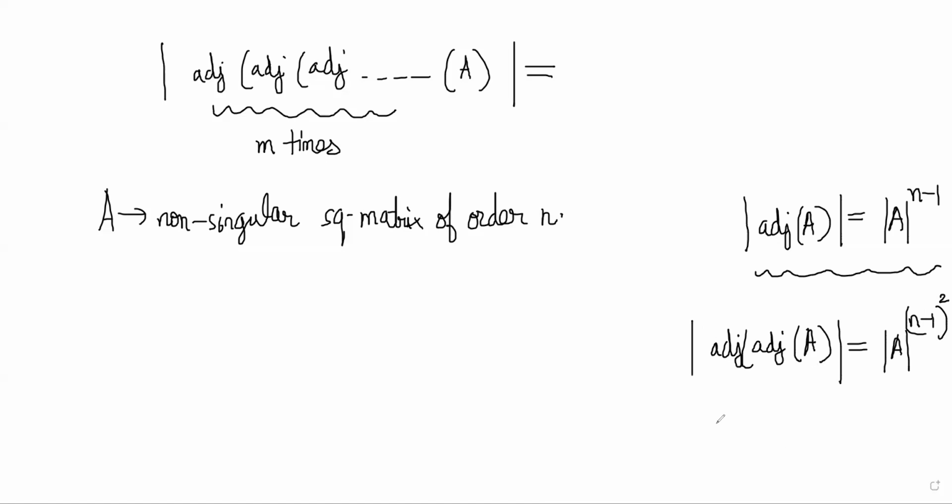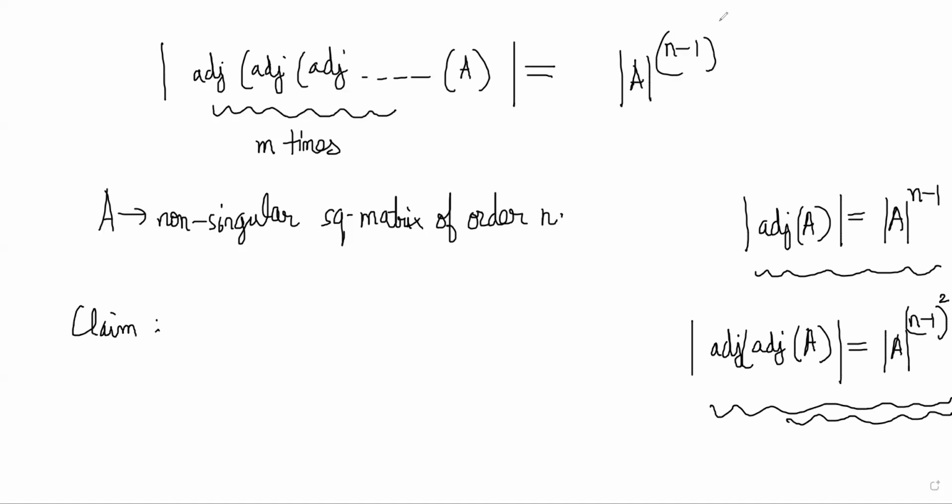You'll basically get det A to the power n minus 1... If you can prove this, then you can see a pattern, and then you can make a claim according to the pattern. This should be det of A to the power n minus 1 to the power m. Yes, I saw the pattern, it is simple.